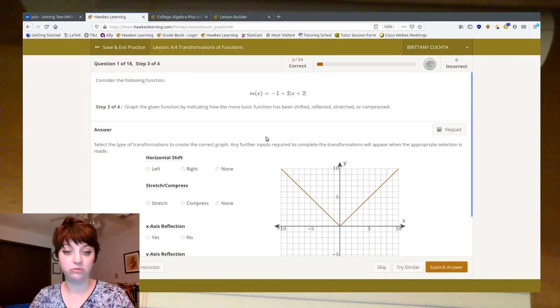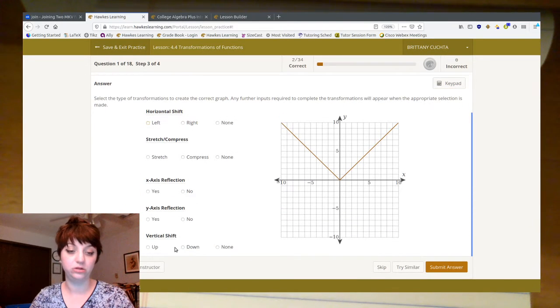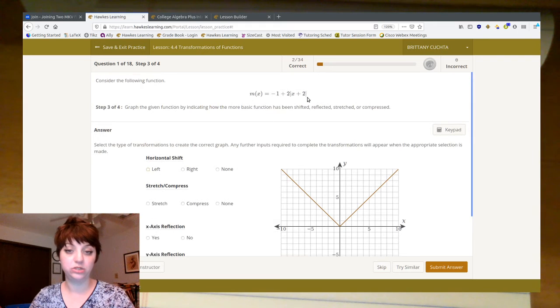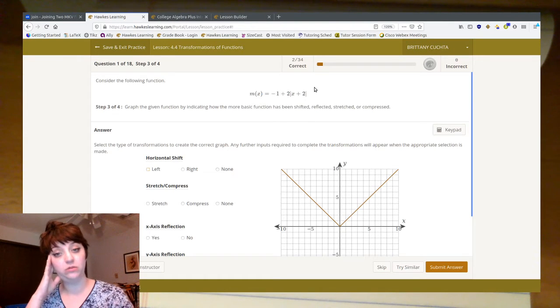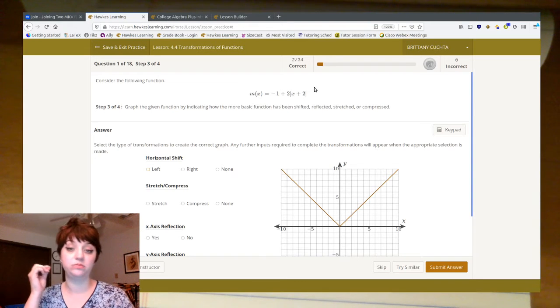And here's the thing where we actually list the transformations. Your shift, stretch, reflection, and vertical shift again. So this thing does add and subtract. They have this written as negative 1 plus 2 times absolute value of x plus 2.